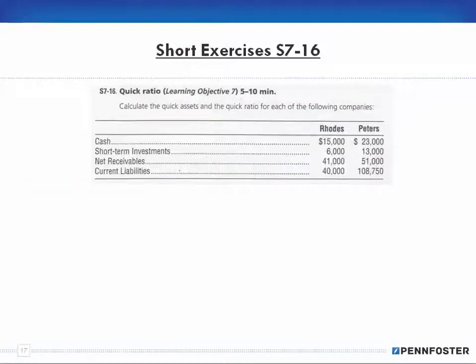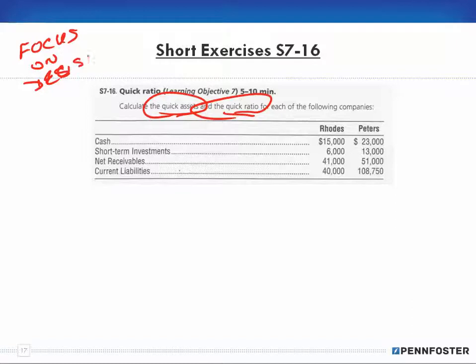All right, next problem here. It says, calculate the quick assets and the quick ratio for the following companies. So remember, the quick assets and the quick ratio are in the Focus on Decision Making section of the chapter, so go back there and reread that.